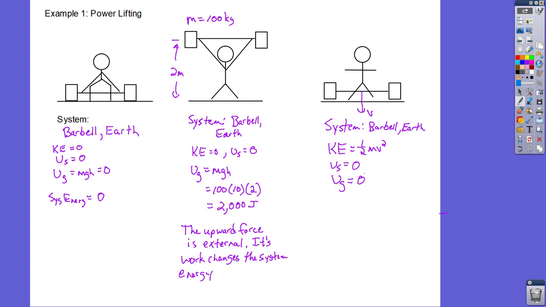Now the question is, did the system energy change? Well, if we look at the force that brought the barbell down, the downward force, which is gravity, since the Earth is in our system, is internal.